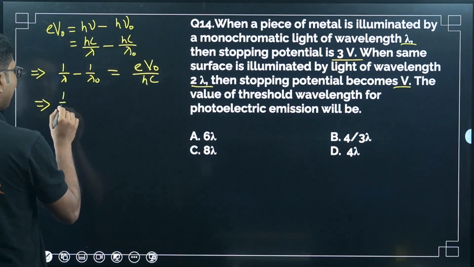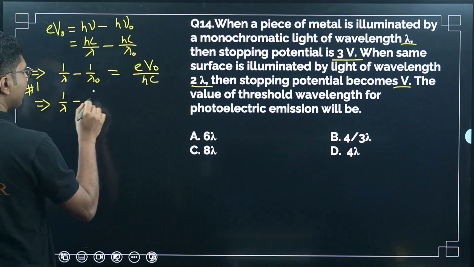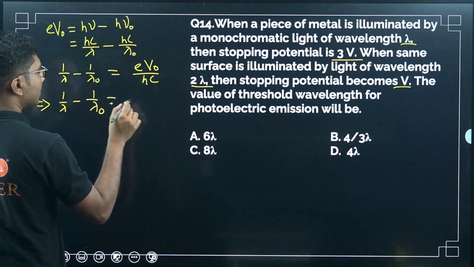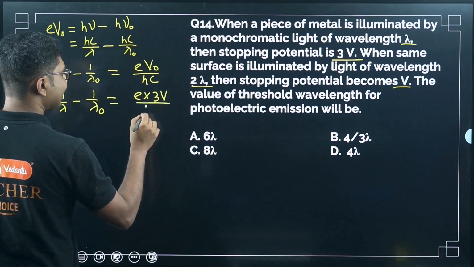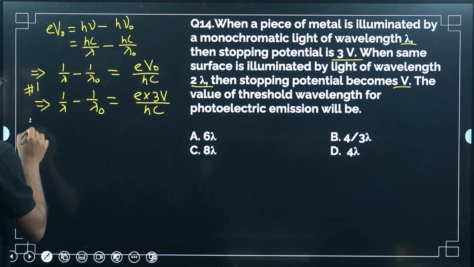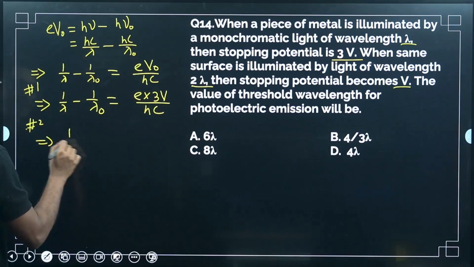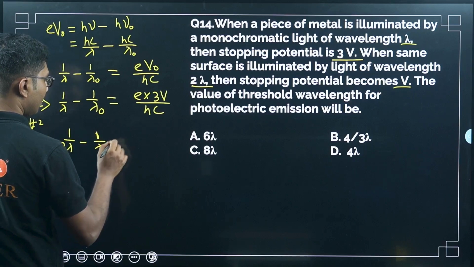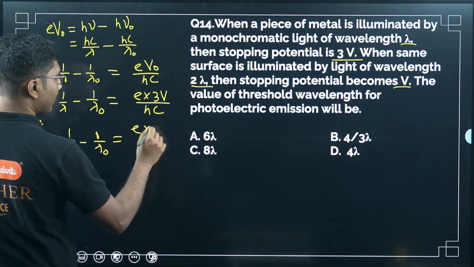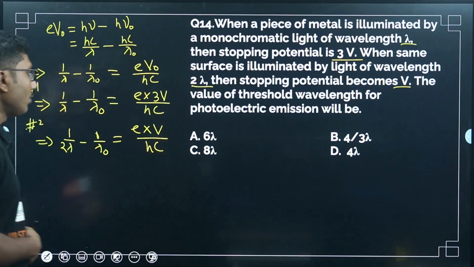So, 1 by lambda minus 1 by lambda naught equals e times 3V by hc. And in the second case, when the wavelength becomes 2 lambda, 1 by 2 lambda minus 1 by lambda naught equals e times the stopping potential, now V, by hc.